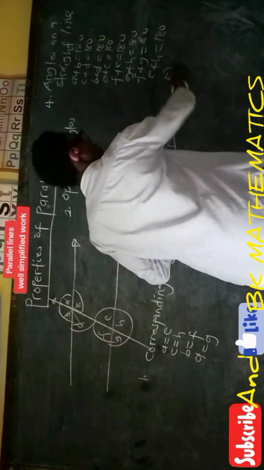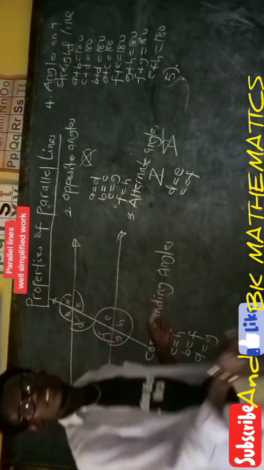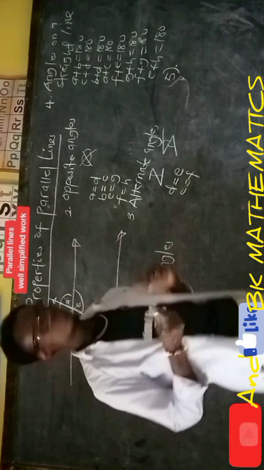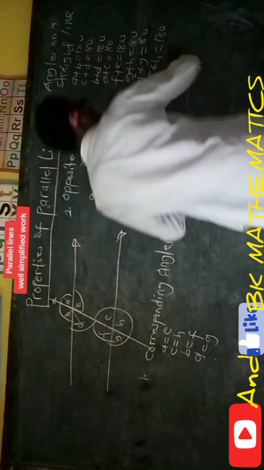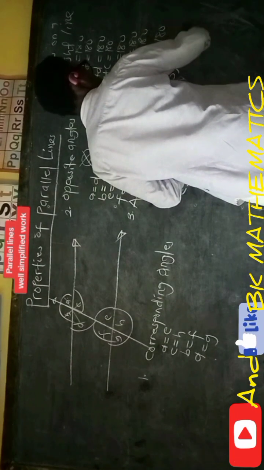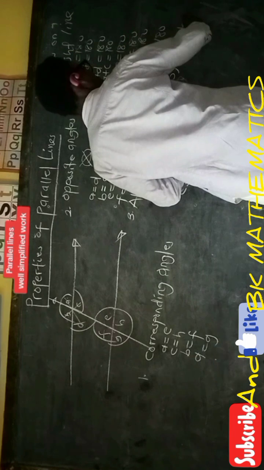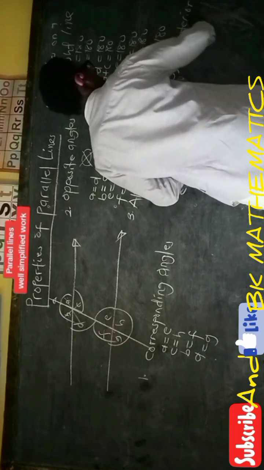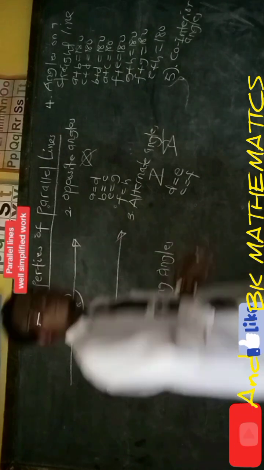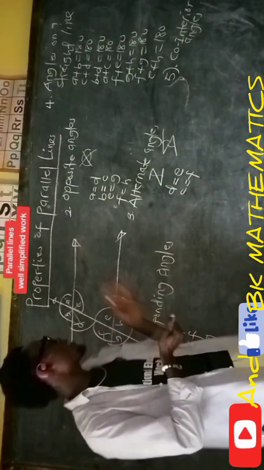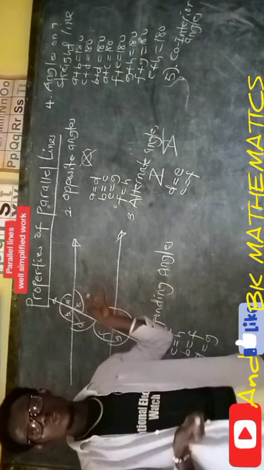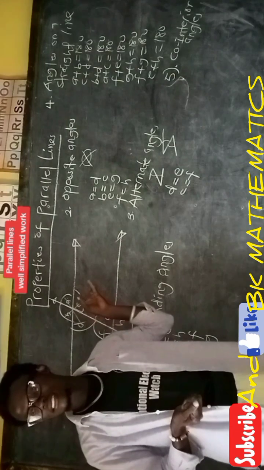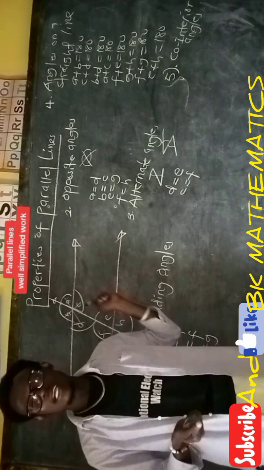Then let's look at the fifth one. The last one says co-interior angles. When we say co-interior angles, they are angles that we find inside the parallel lines. And they also sum up to 180 degrees. Co-interior angles are also called inside angles.